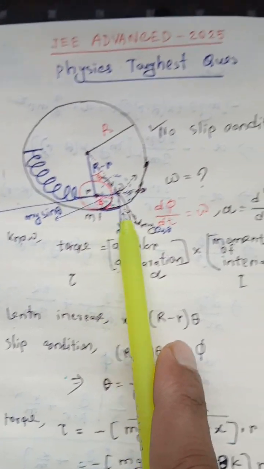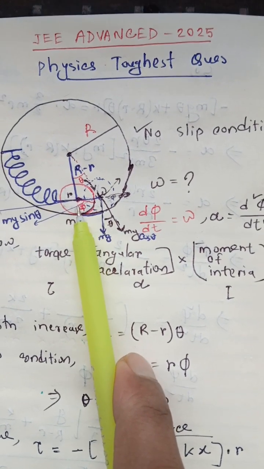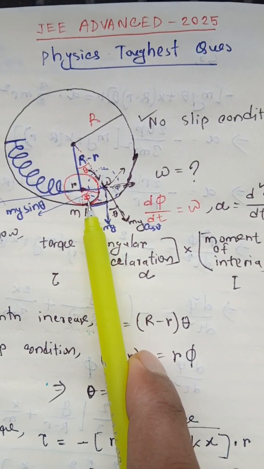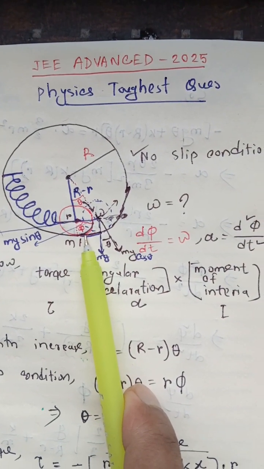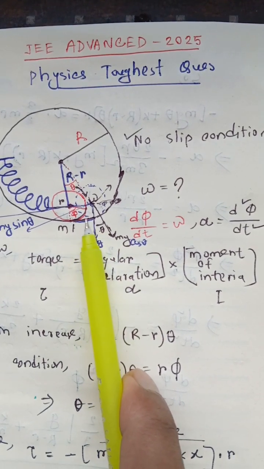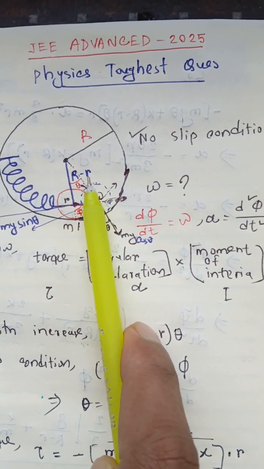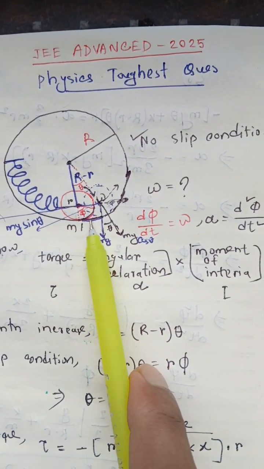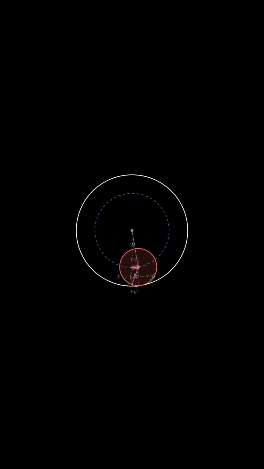So if the small disc rotates by angle phi, then it covers this arc, and on the inner surface it goes this length, and this length is equal to this length, that is, (R minus r) times theta equals r times phi. In the animation we see that the arc (R minus r) theta is equal to r times phi.